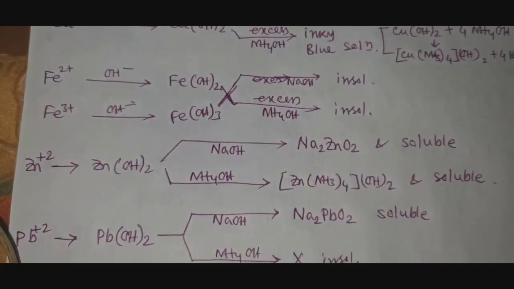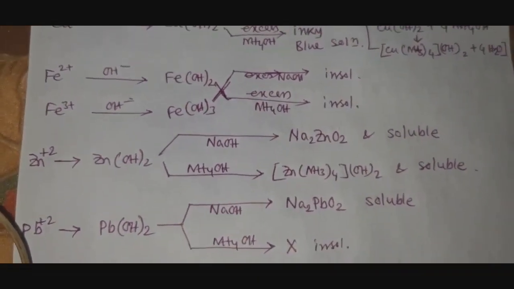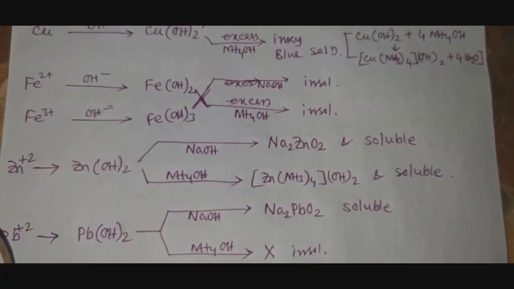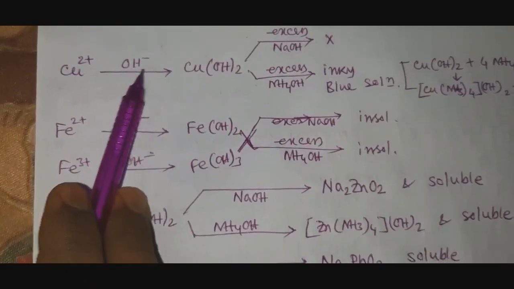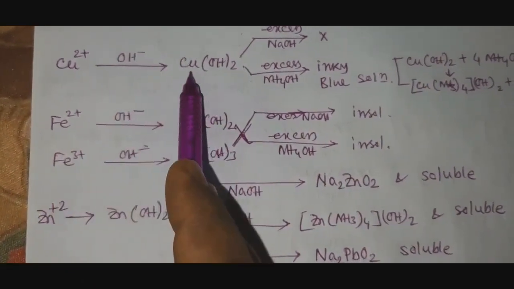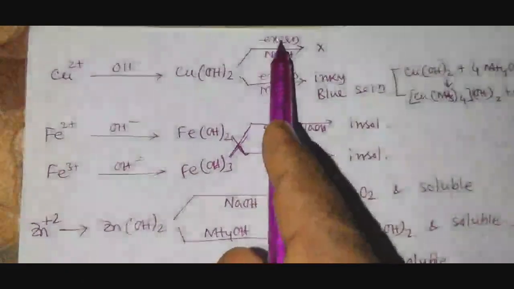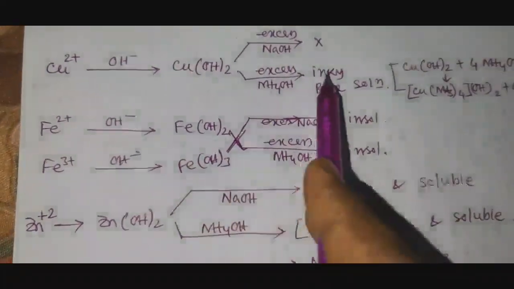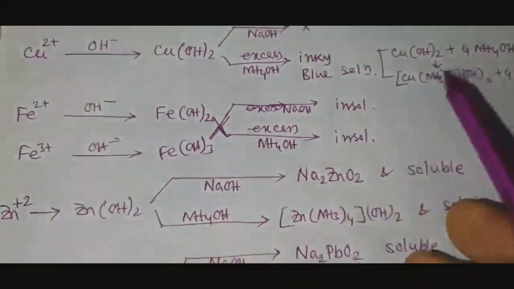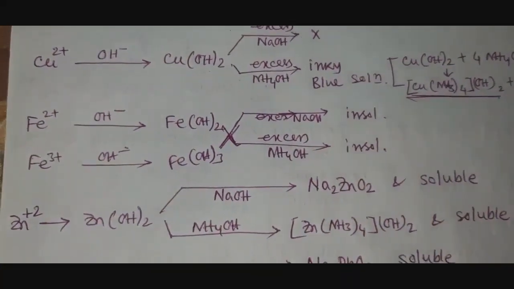Now if we combine both together, that means what happens with ammonium hydroxide and sodium hydroxide one by one. Let us look at the first ion, copper. OH minus ion is coming from either, forming Cu(OH)2. Now if NaOH is given in excess, nothing happens. If ammonium hydroxide is given in excess, inky blue solution of this salt, tetraamine copper hydroxide.